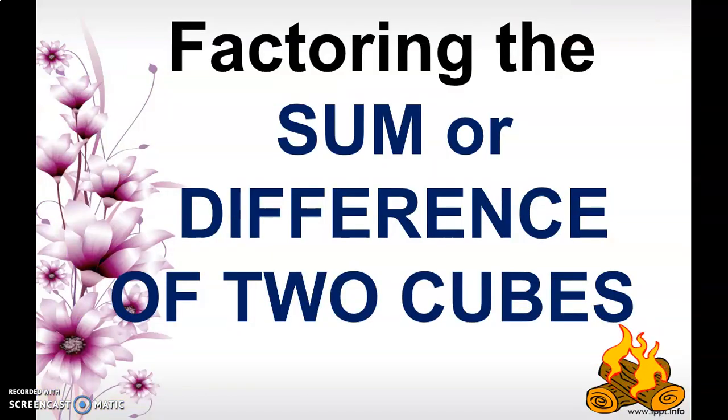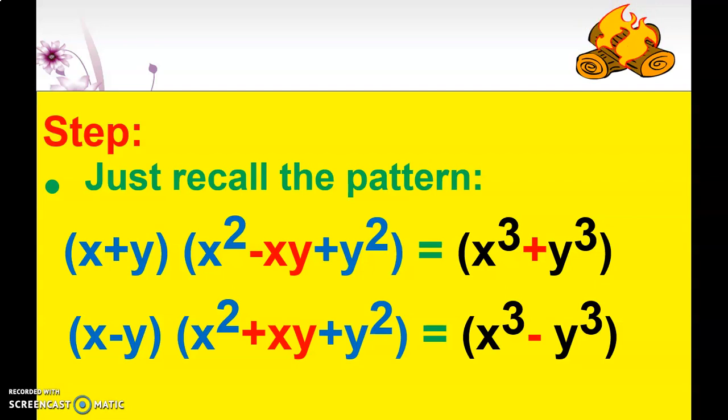Ang topic po natin ay factoring sum or difference of two cubes. Bakit sum or difference? Kasi, ang ating binomials ay pwedeng naka-sum or naka-difference. So, magkaiba po yun. May pattern tayong sinusunod kung paano itutukoy ang factor ng ating cubes. So, ito po yung pattern.